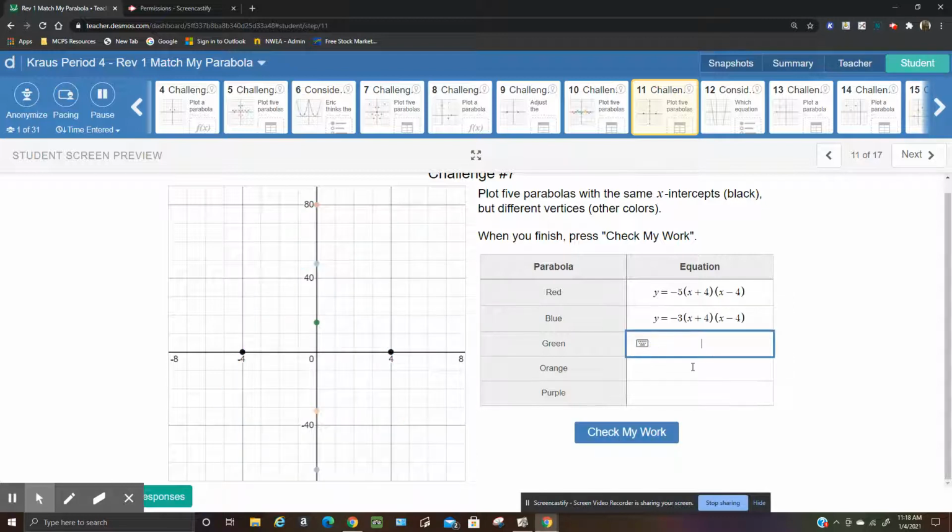The green one. If you go over 4, you want to go down 16. Let me see. Go over 4, down 16. So this is negative x plus 4, x minus 4.